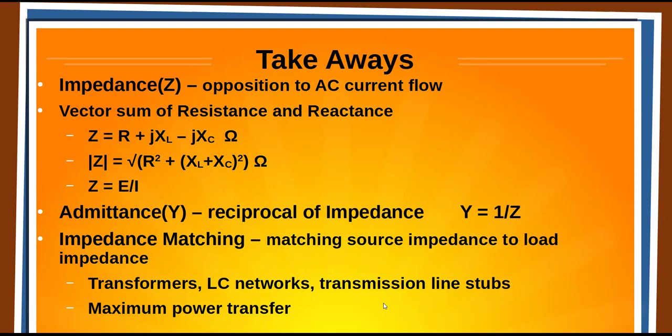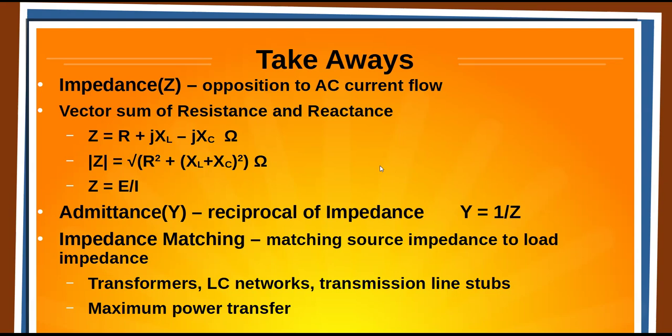I can't remember actually ever using admittance, except in school. Impedance matching is where you're going to try to match the source impedance to the load impedance, which is what an antenna tuner does with some intermediate circuit that's trying to compensate.